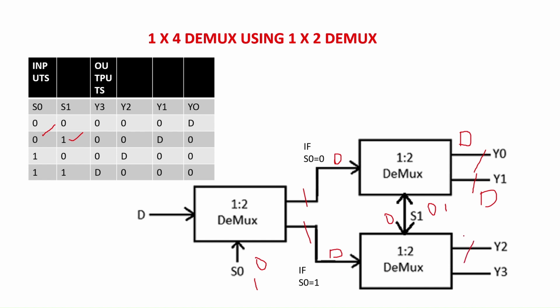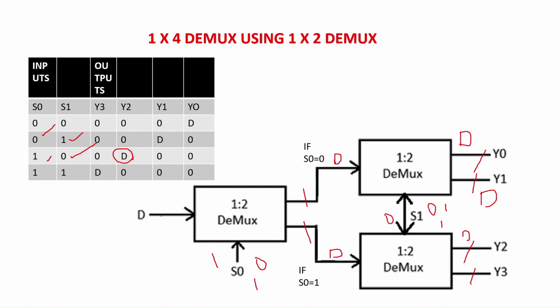When S0 equal to 1 and S1 equal to 0, the applied input D will appear across the output line Y2. When S0 equal to 1 and S1 equal to 1, the applied input D will appear across this output line Y3.